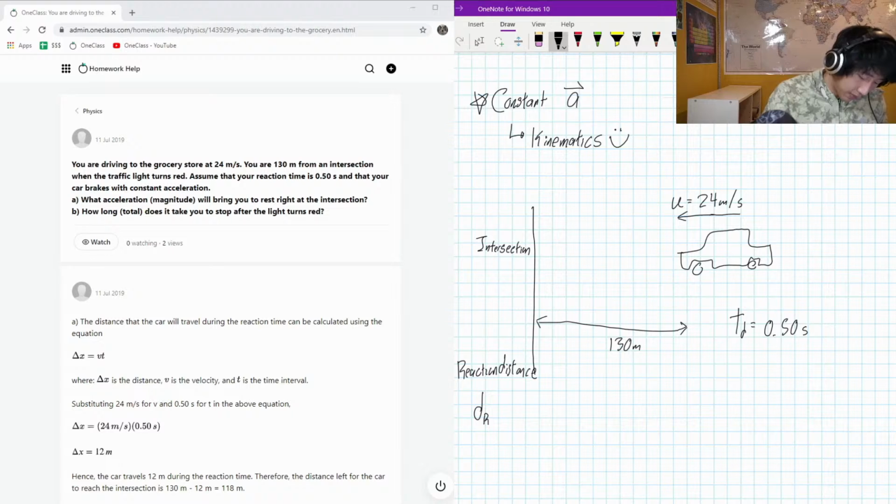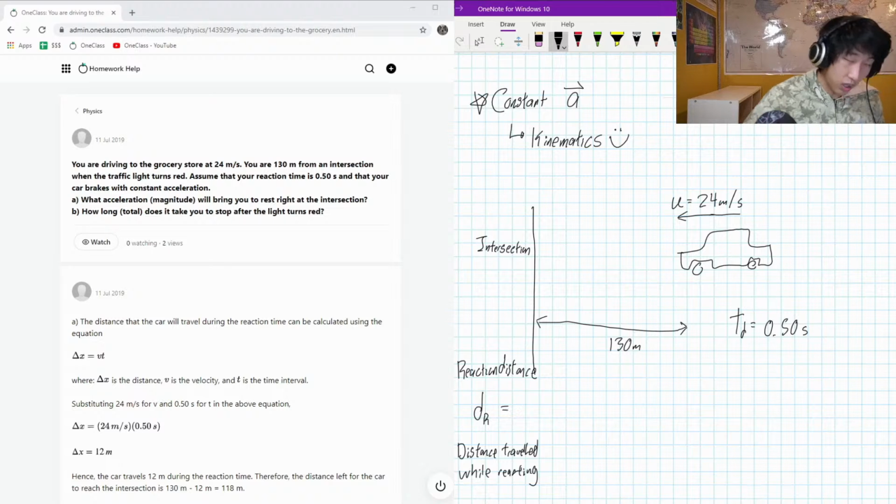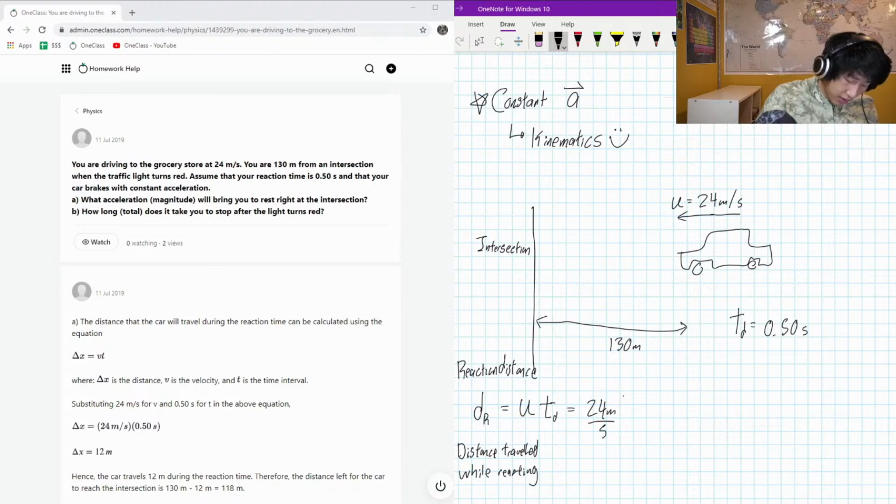This is the distance traveled while reacting. So this will really just be our velocity multiplied by the time delay that it takes for us to register this as a red light. And this will be our velocity, which is 24 meters per second, multiplied by 0.50 seconds.